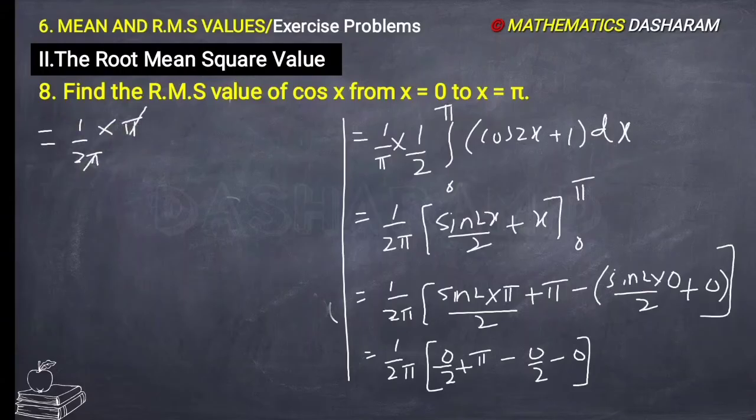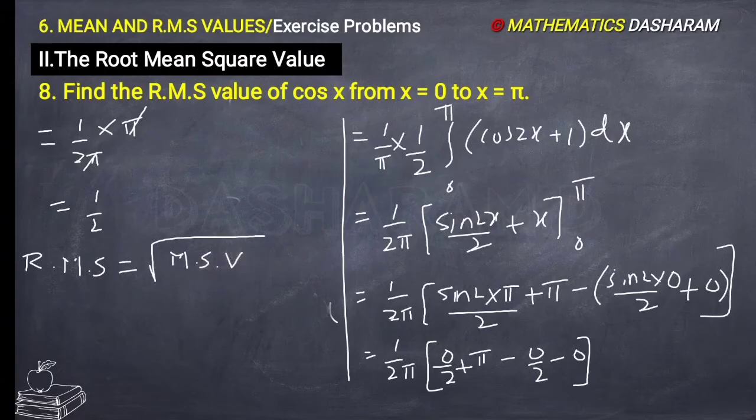Yeah, pi cancels, 1 by 2. Now we need the RMS value, root mean square value, that is the square root of MSV. So square root of MSV value 1 by 2. So 1 by root 2 is our required answer.